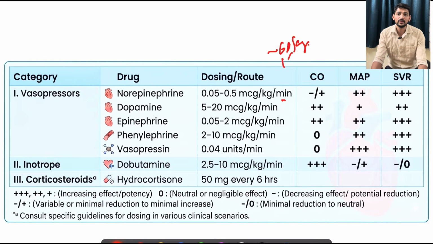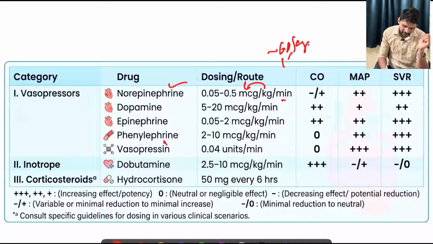I would recommend you to calculate the dose required for that weight, and always check the vials and the concentration of the drug in the vial which is available in your hospital. Based on that, you have to keep things ready for noradrenaline, vasopressin, dobutamine. These are very, very important drugs, as I mentioned previously.